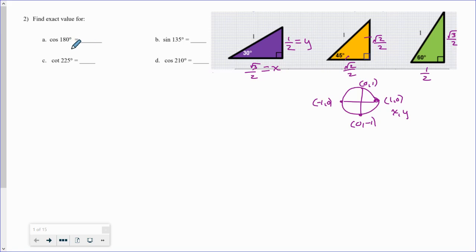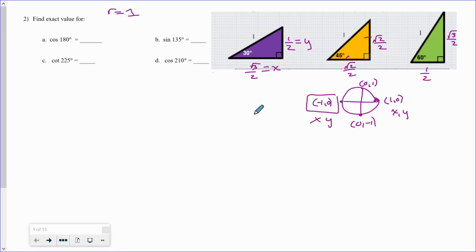Okay, 180 is a quadrantal angle, and 180 is here. So we're talking about this x and y. Also, all of these problems that have to do with exact values on the unit circle, your r value is equal to 1.